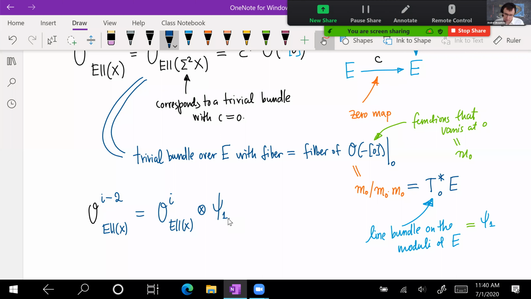That's the periodicity, the periodicity in elliptic homology that takes this form.